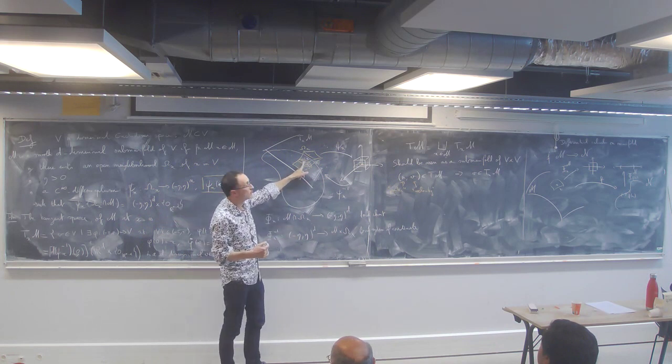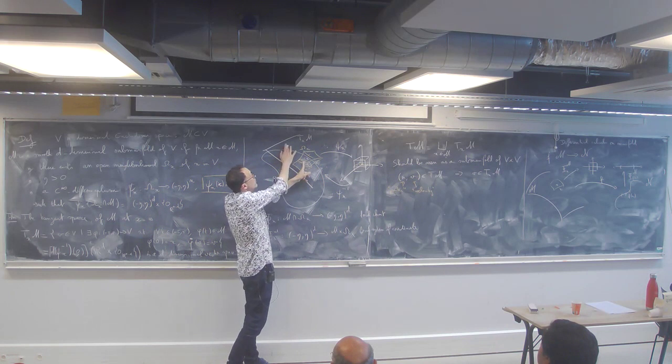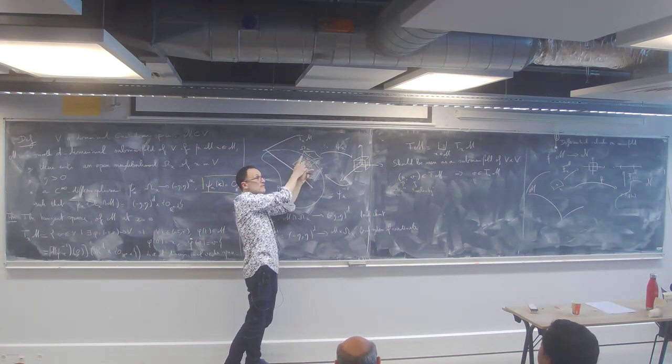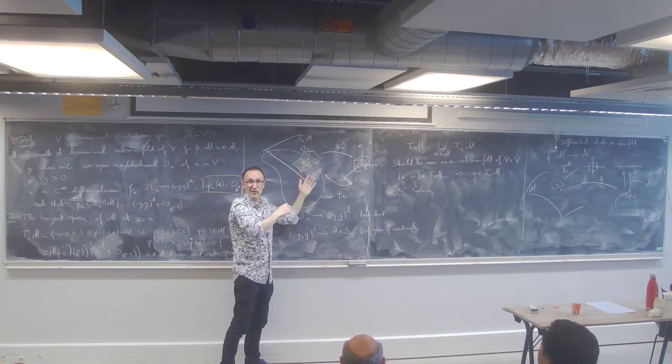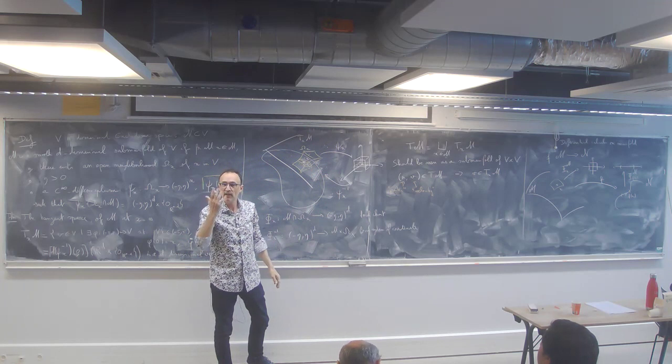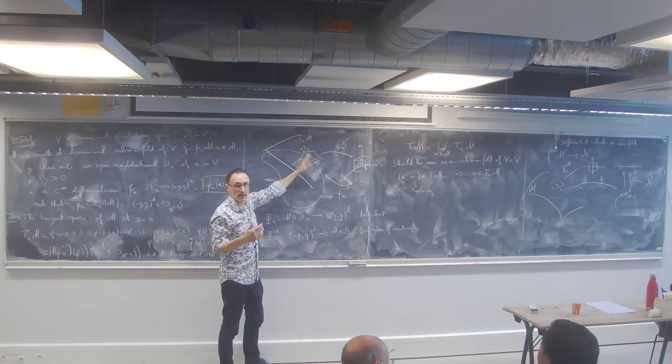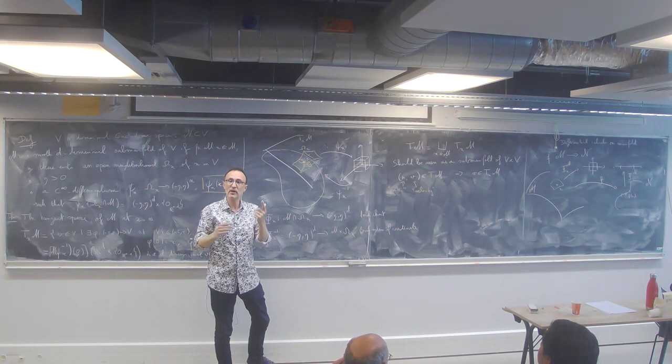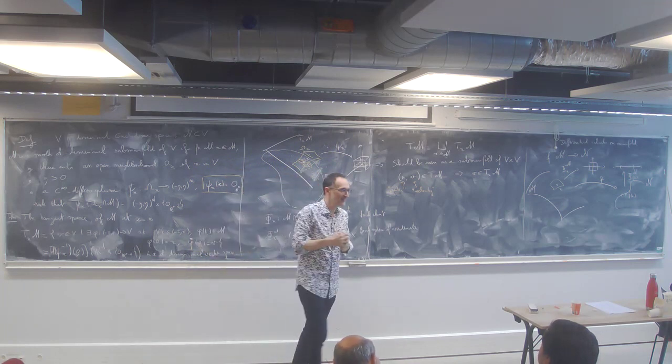If you are at point x, the velocity can only be a vector in TxM, because otherwise the point would leave the manifold. You can go in any direction, but in the tangent plane. You cannot go out of the tangent plane. That's basically what it says.